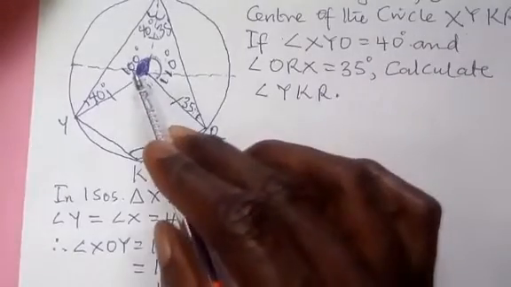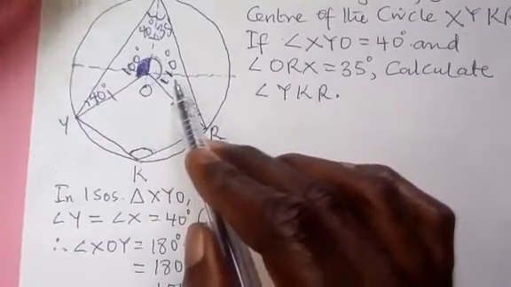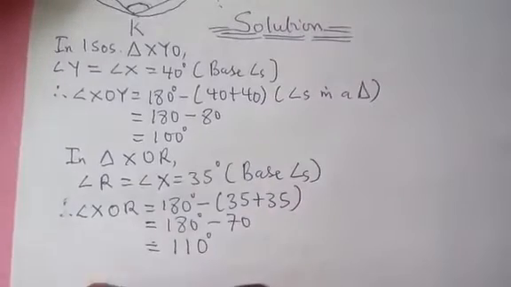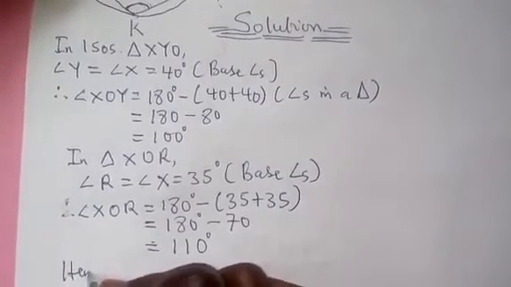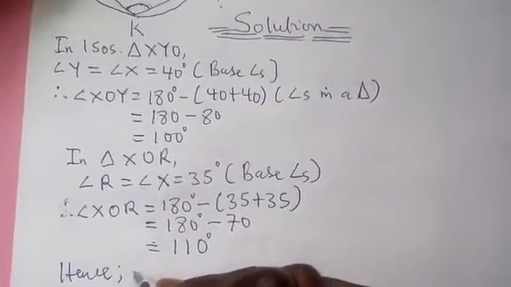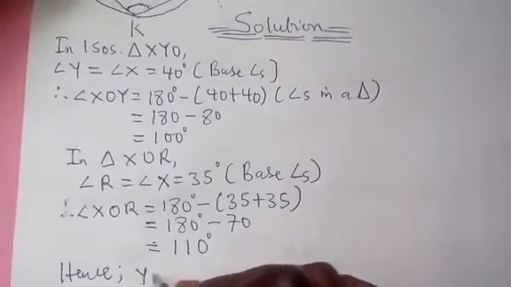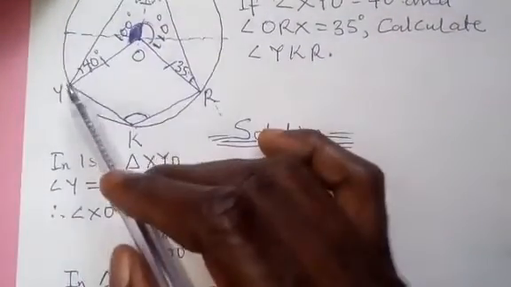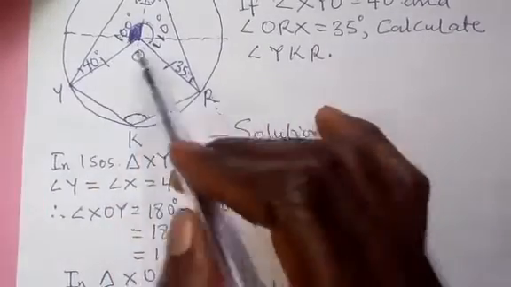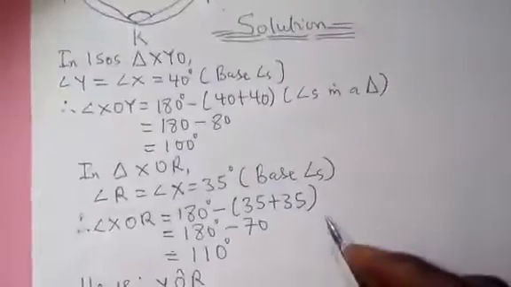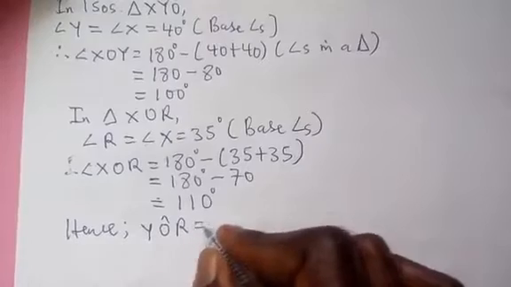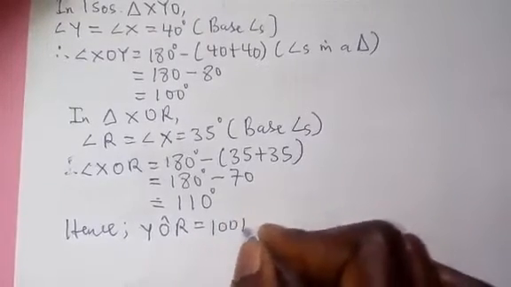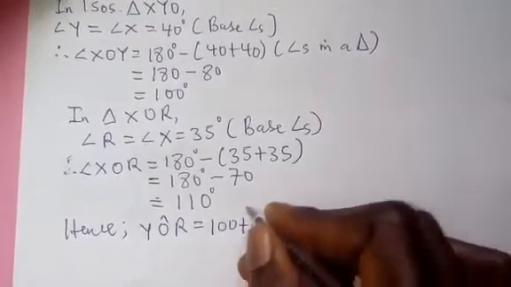So the total angle at O now, that is angle YOR, will become the sum of 100 and 110 degrees. So we can now say hence that our angle YOR, that is this part that we are talking about, the reflex part of it, is now equal to 100 plus 110 degrees.